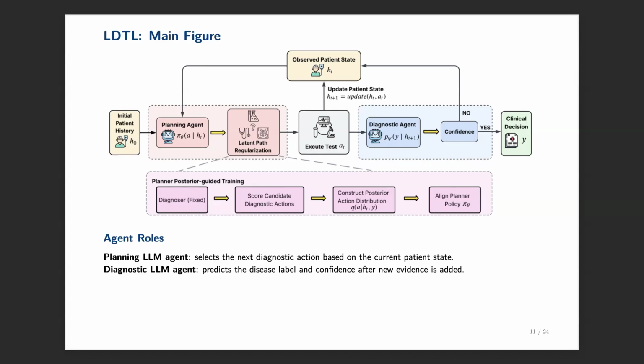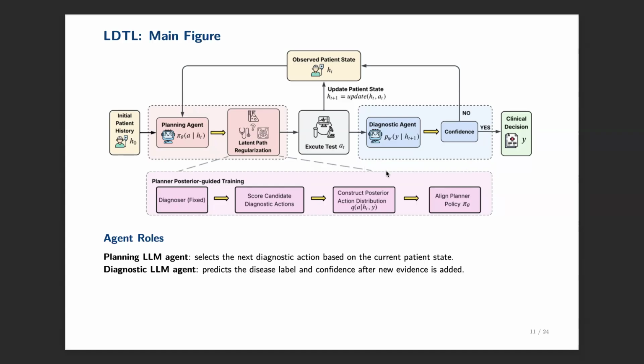After the new evidence is added, the diagnostic LLM agent evaluates the updated patient state, and it predicts the disease label and estimates confidence. The important thing is that the diagnostic LLM is also used to measure diagnostic improvement. If adding a certain action increases confidence in the correct diagnosis, that action receives stronger training signal.